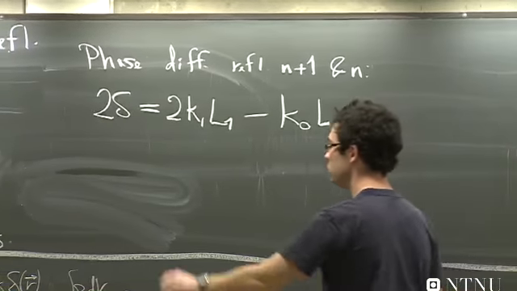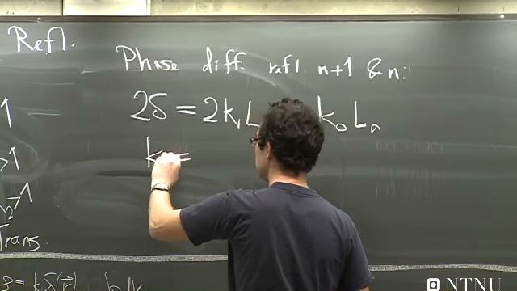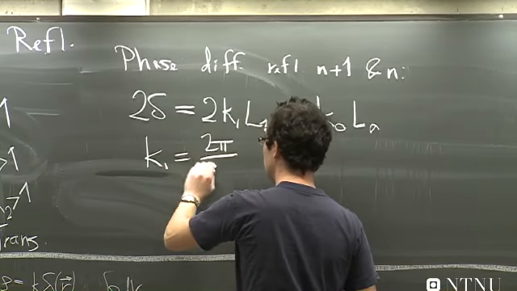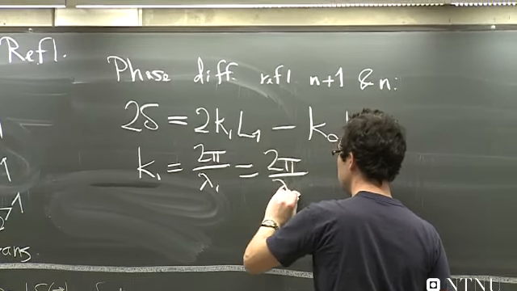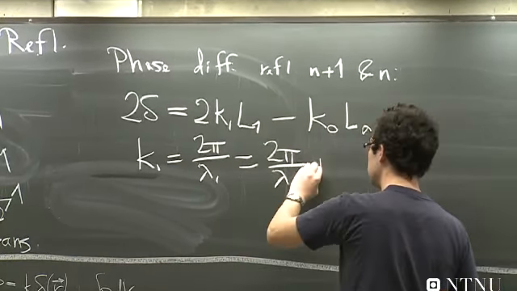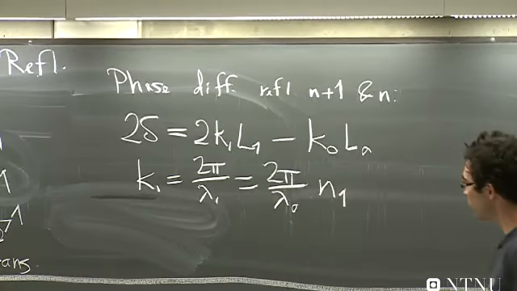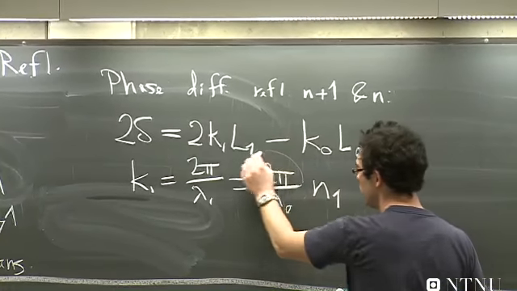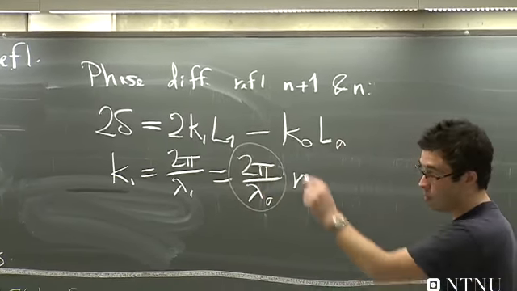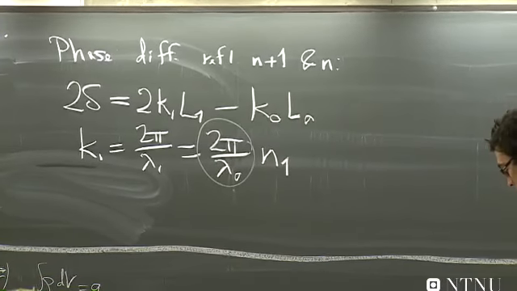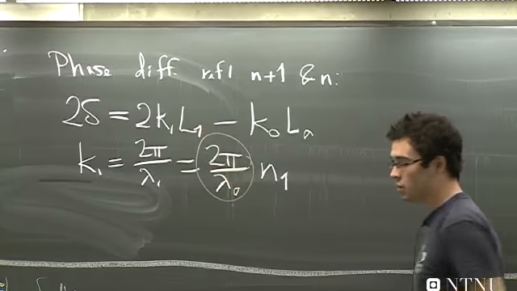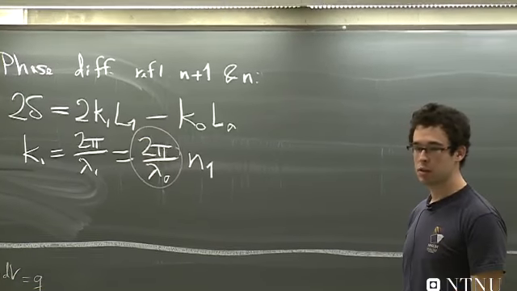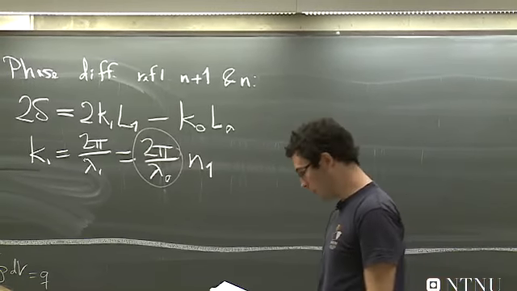And now, just to remind you, k1 is equal to 2 pi over lambda 1, or 2 pi over lambda 0, the vacuum wavelength, times the index of refraction n1. So it's some constant here, and the index of refraction, which depends on the material. And to find these lengths, that's simply a trigonometric exercise. So I leave that for homework if you're really interested.